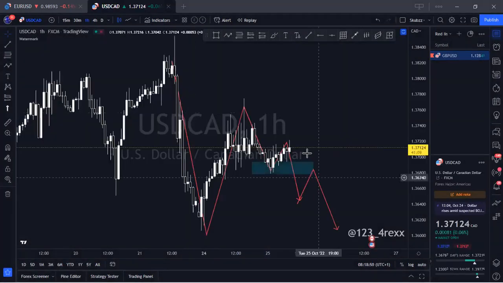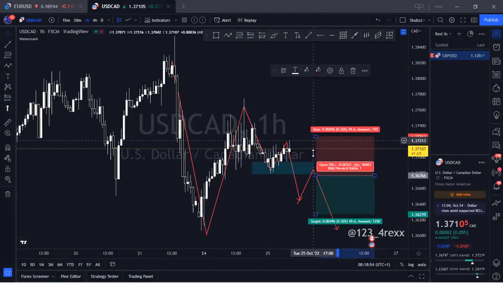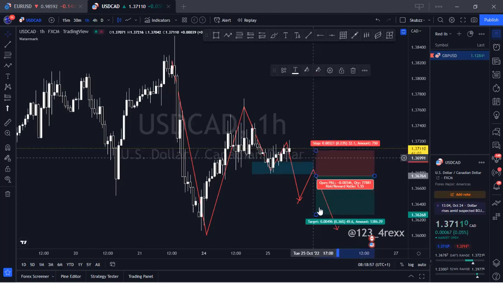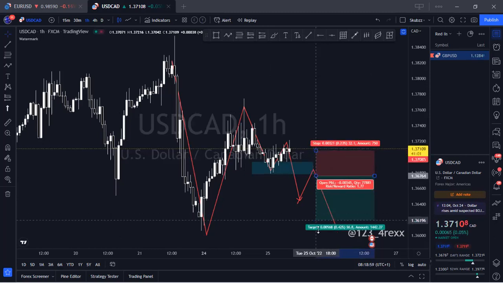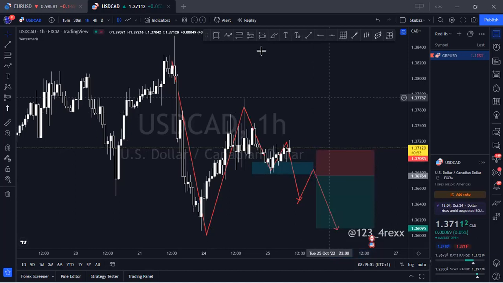So we can just look to take the retest there. It's something like this. Once we have that break, we wait for the retest, we take it like this, and then we'll target these lows down here, basically. So that's what I'm reading out from USDCAD.